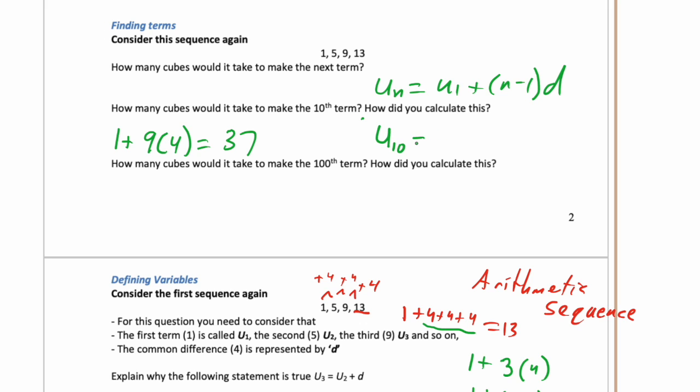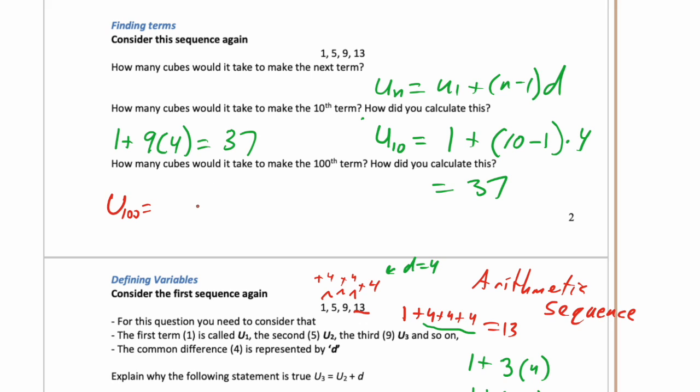That means the 10th term is the first term, which is 1, plus n minus 1, where n is 10, times the d value, which is 4. That's the common difference, d equals 4 in the formula. And that is exactly what we just did over here. It's 37.